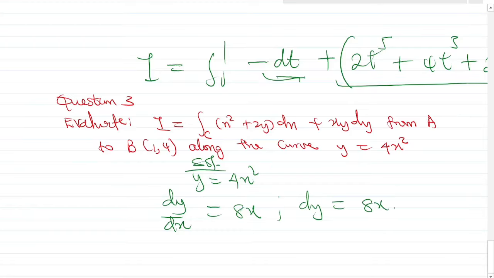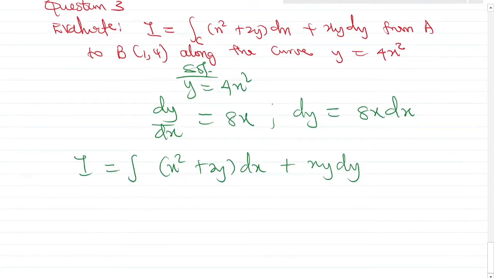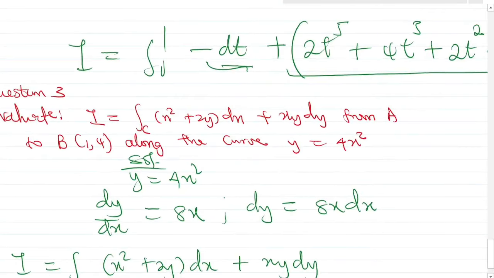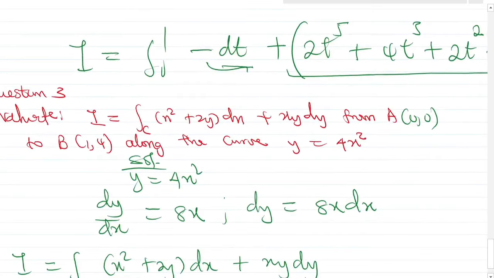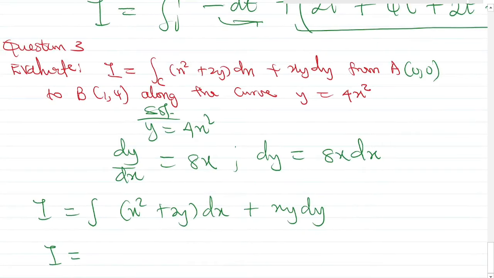It is 8x dx. And then you go back to your integral of x squared plus 2y dx plus xy dy. So now, of course, it is from (0,0) to (1,4). In this question, you are expressing it in the form of x.